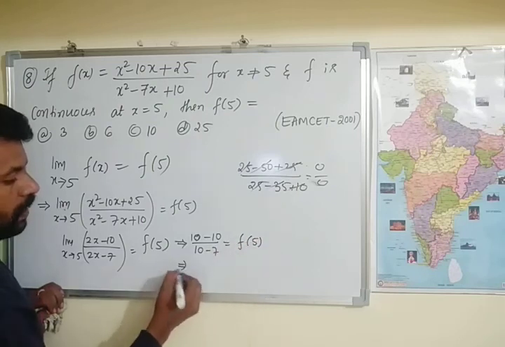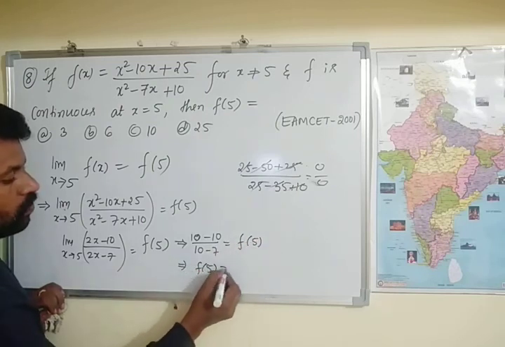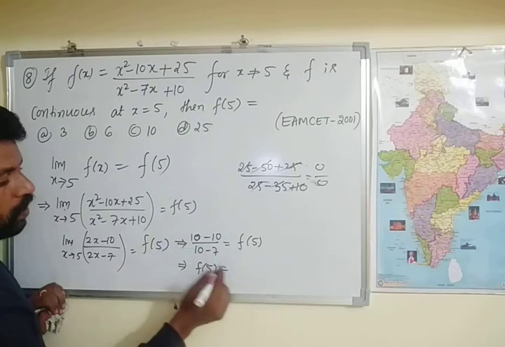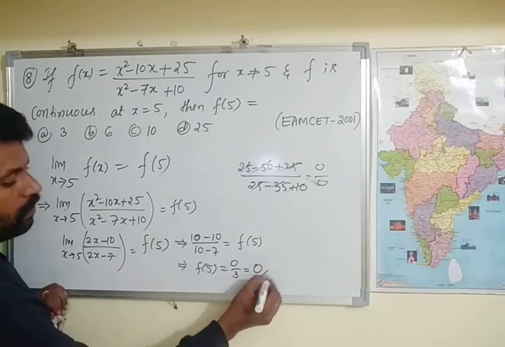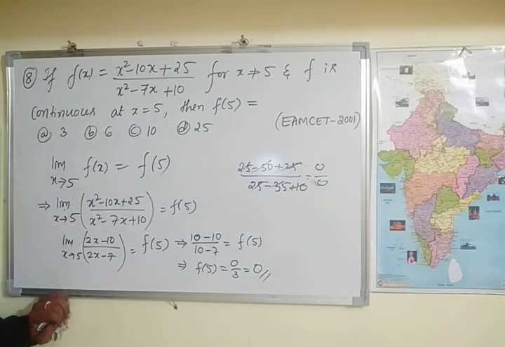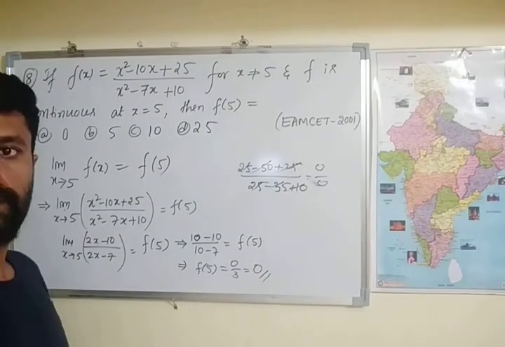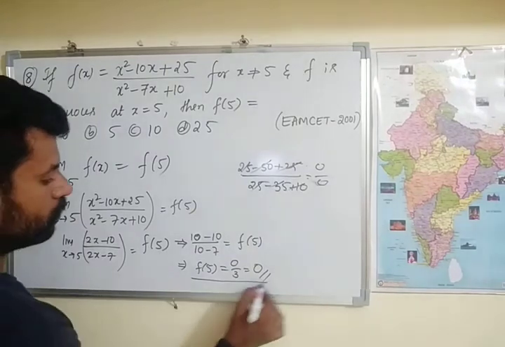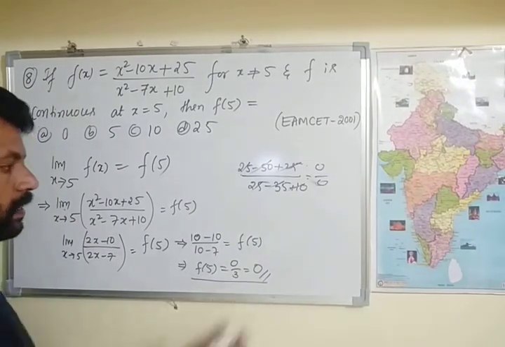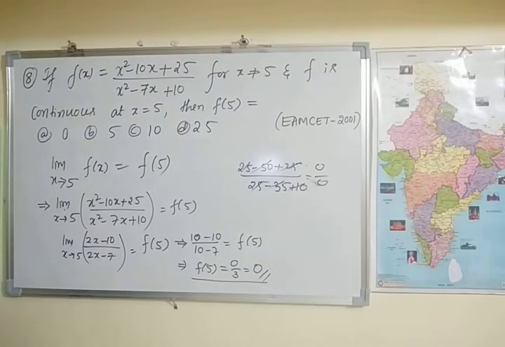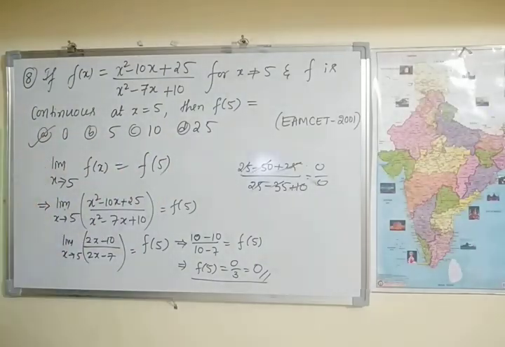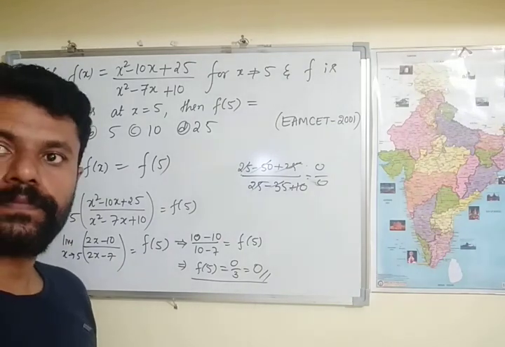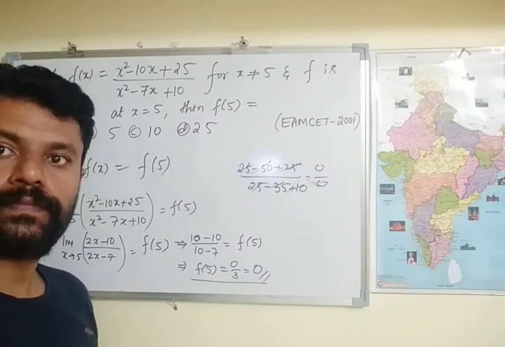This implies f of 5 is equal to 10 minus 10 is 0, 0 divided by 3 is equal to 0. See, f of 5 is equal to 0 by 3 is equal to 0. Here option A is correct. Option A is 0, B is 5, 10, 25. Option A is correct.